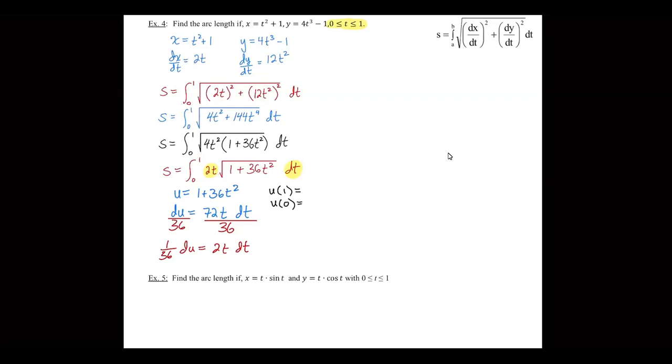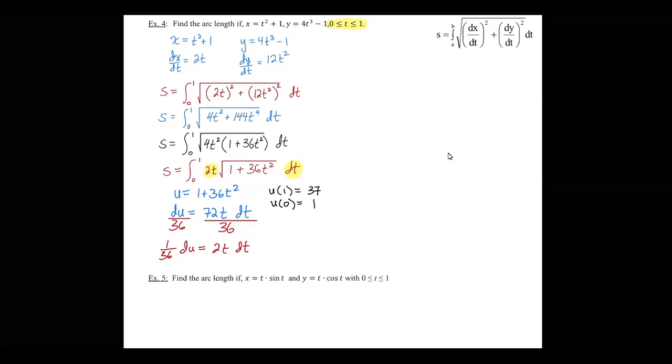If I plug in a 1 to my u function for t, I'm going to get a 37. Not ideal. I mean, you took something that was fairly nice and clean, a nice 1, and made it into something that's less clean. Still, at least it's a whole number, which is something. Plug in a 0 and you get a 1. So that didn't end up being too crazy, but these are the new bounds of integration.